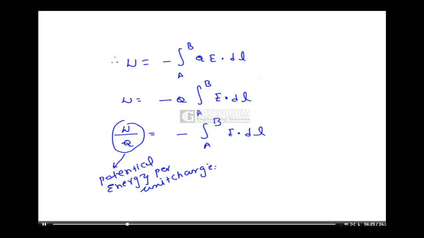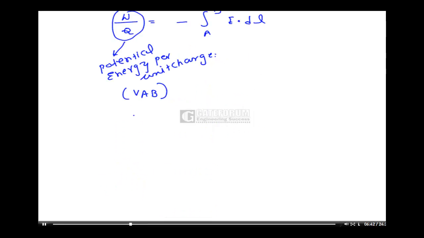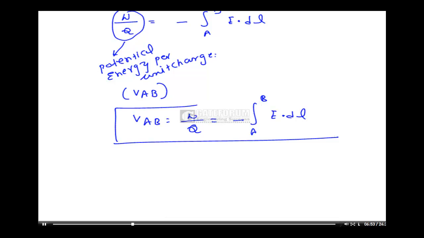This quantity is represented by VAB, the potential difference between points A and B. So VAB is equal to W by Q, which is minus integration from A to B of E dot dl. When determining this VAB, A is the initial point and B is the final point.